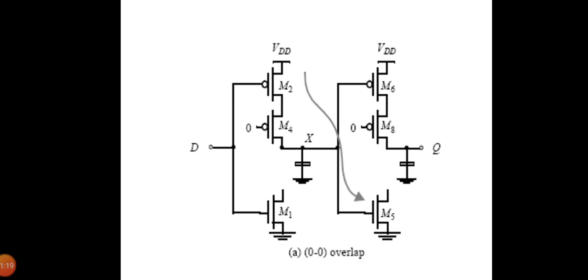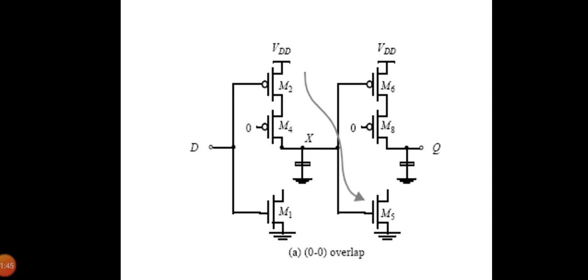If the D input changes during the overlap period, node X can make a 1 to 0 transition but cannot propagate further. However, as soon as the overlap period is over, the PMOS M8 turns on and the 0 propagates to the output, which is not desirable here. So the problem is fixed by imposing a hold time constraint on the input data D, or in other words, the data D should be stable during the overlap period.